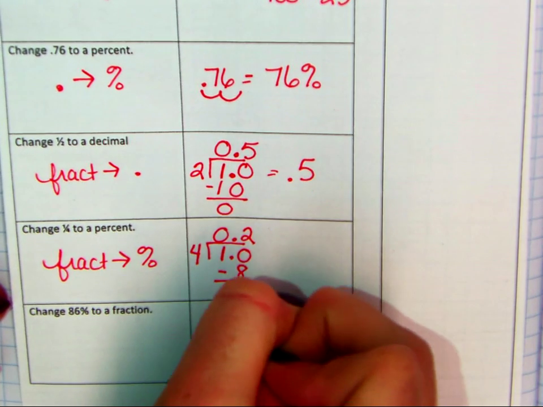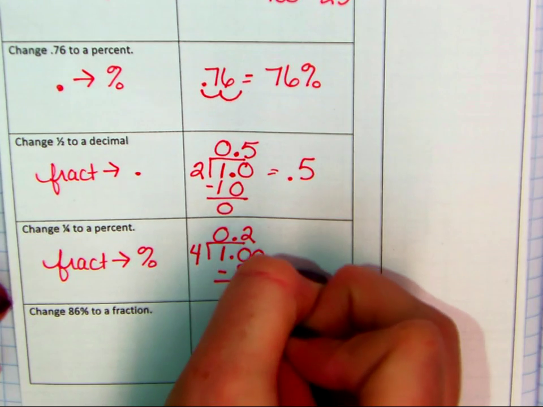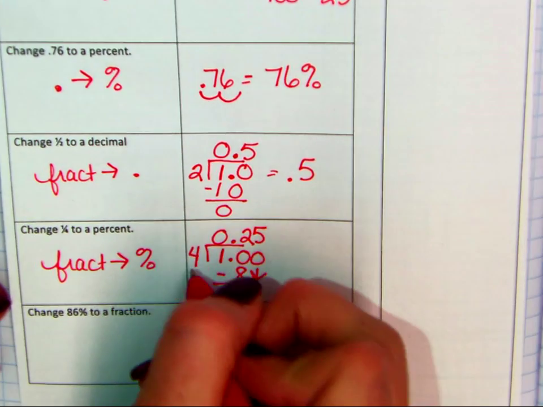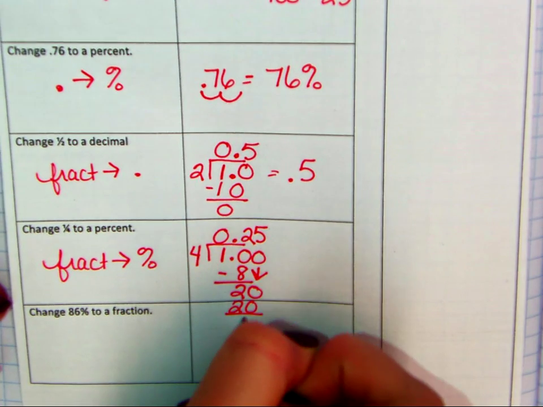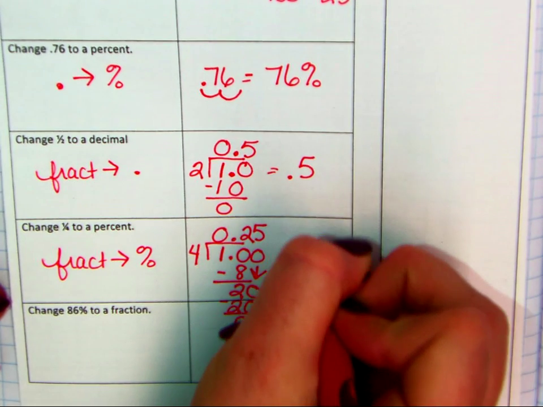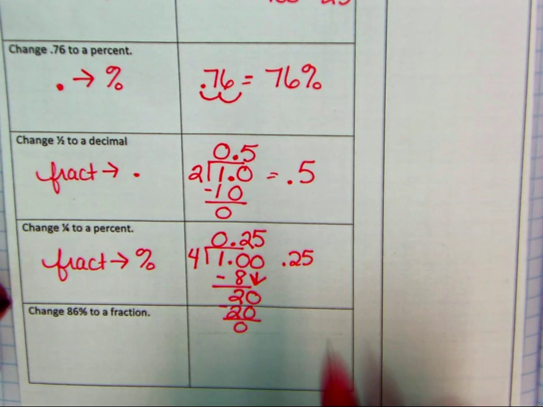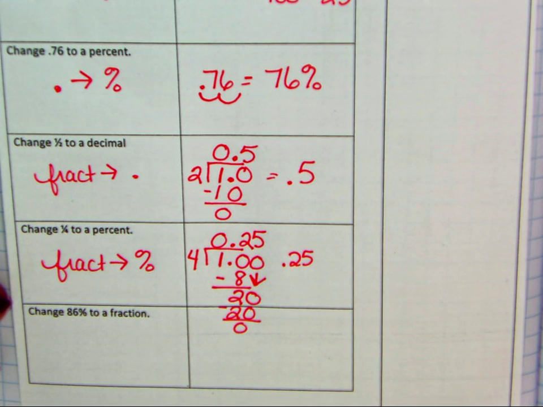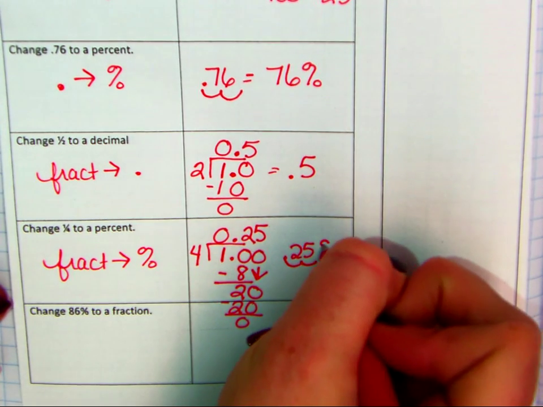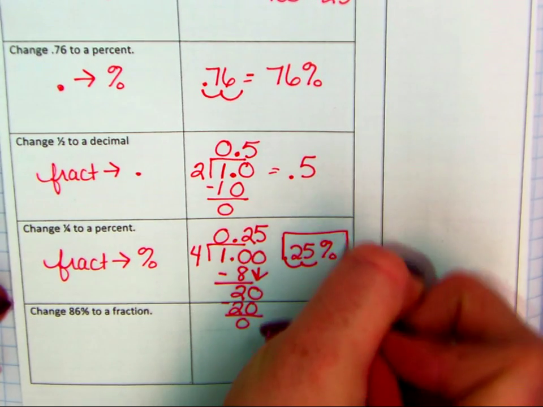Subtract it. Add another 0. 4 goes into 20 5 times. 5 times 4 is 20. Subtract, and we end up clear. So now we have to take 25 hundredths and make it into a percent. To do that, we move our decimal place 2 times to the right. Good. 1, 2, and we end up with 25%.